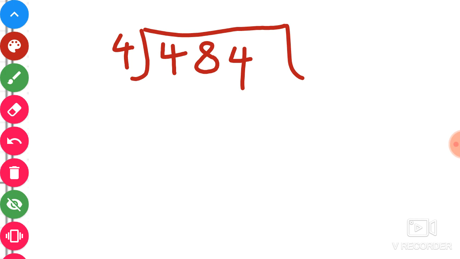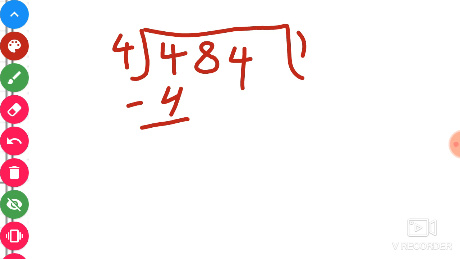Completed. Okay, let us do. So our first number is 4 here. So do we get 4 in 4's table? Yes, 4 ones are 4. Now we have to subtract.